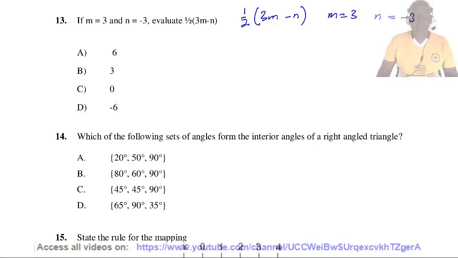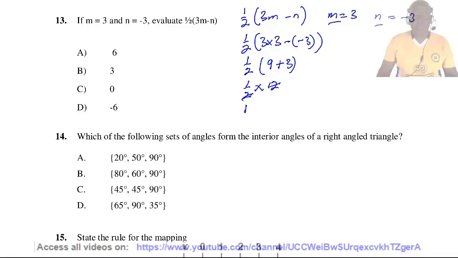We shall substitute m and n into the expression, so we shall get half (3 times 3 minus minus 3). So half (9 plus 3), which equals half times 12. 2 goes into 2 once, 2 goes into 12 six times, so 6. So the answer is A.